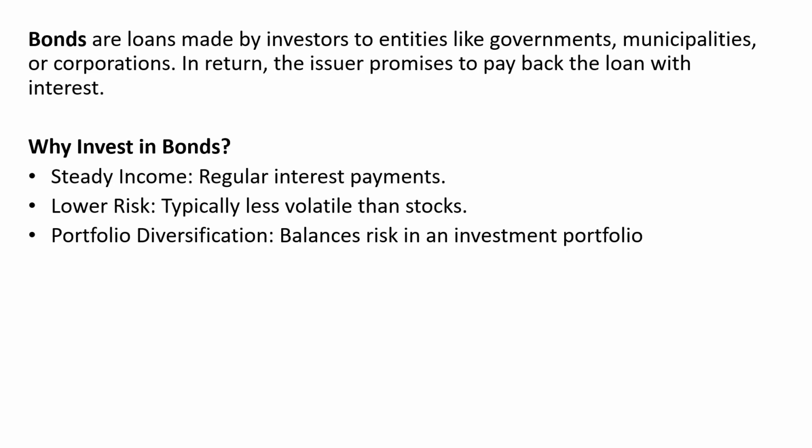So it's more reliable, and it's lower risk because you have senior status when you buy bonds from a company compared to the common or preferred shareholders. If there was a failure and liquidation, you'd get more of your money back than the shareholders would.